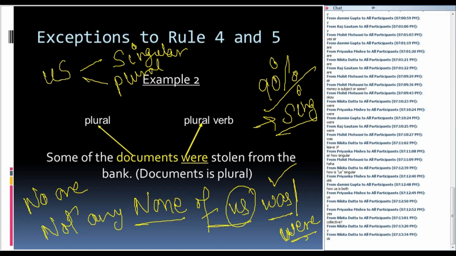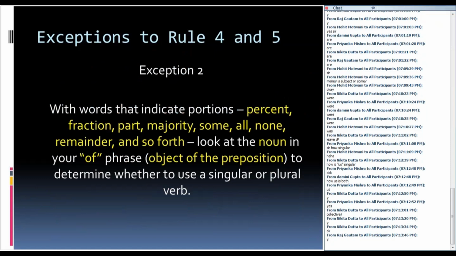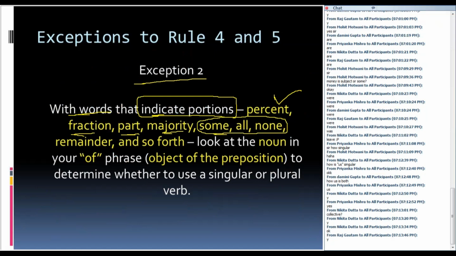I'll show you some more examples here. But before that, we have discussed the first exception to rule 4 and 5. Let us discuss exception number 2 to rule 4 and 5. Exception number 2 says that those words that indicate portions, words like percent, fraction, part, majority, some, all, none. This is already included in the pronouns.